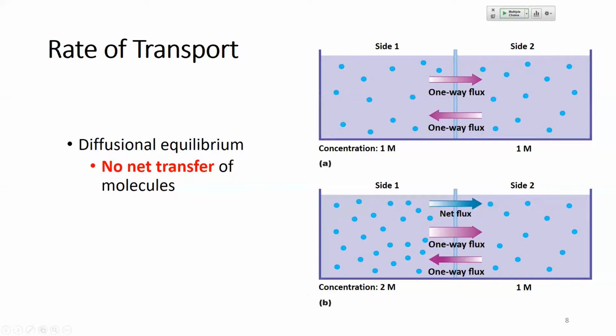In scenario B, there is not diffusional equilibrium, because on side 1 we accumulate more particles: 2 moles on side 1, whereas we have 1 mole on side 2. So this cell is not at diffusional equilibrium, whereas the first scenario is.